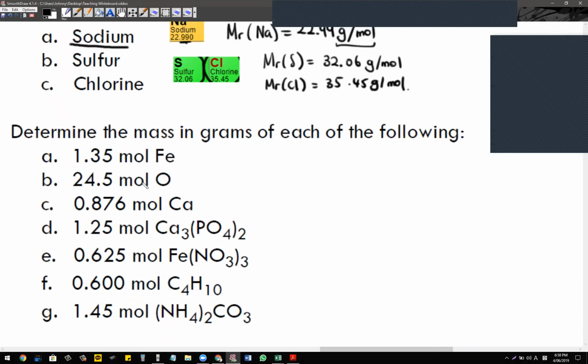Okay, this one is a little bit different, but we just need to figure out the mass. Just need to use this formula. We know that the number of moles is mass divided by molar mass, right? So mass is equal to number of moles times molar mass. As for oxygen, this is simply O, not O2. If you look at B, what's the mass if you have 24.5 moles of oxygen?